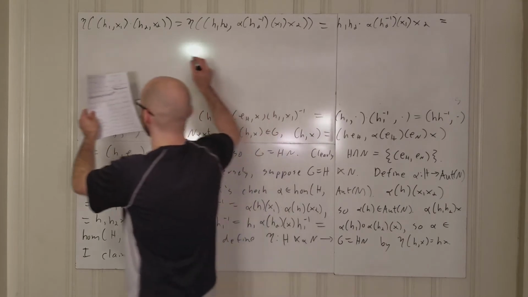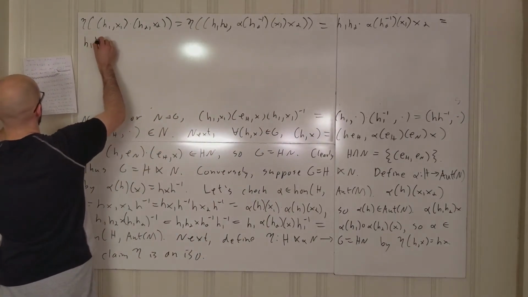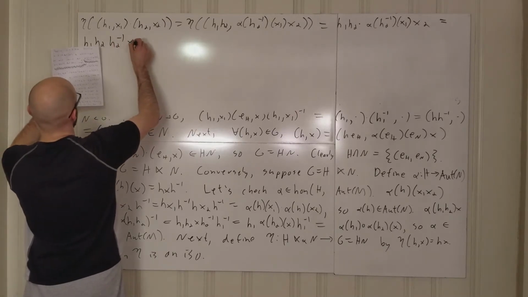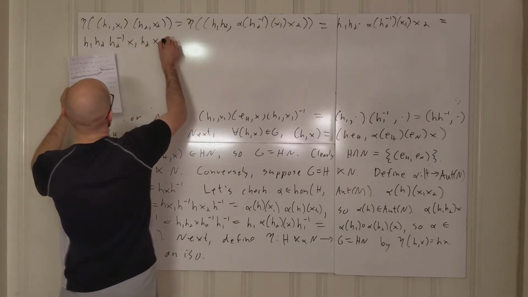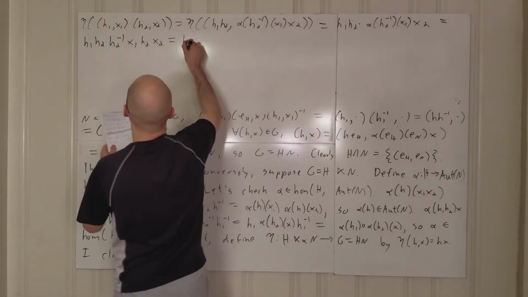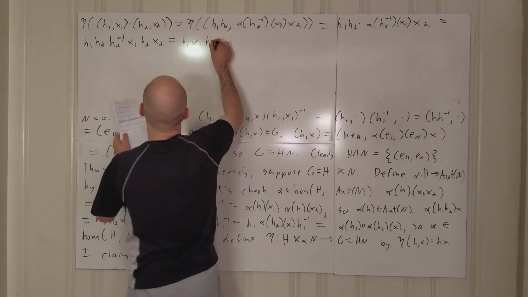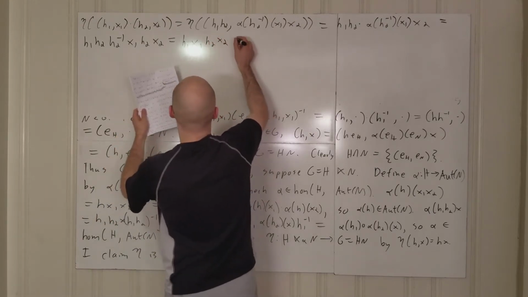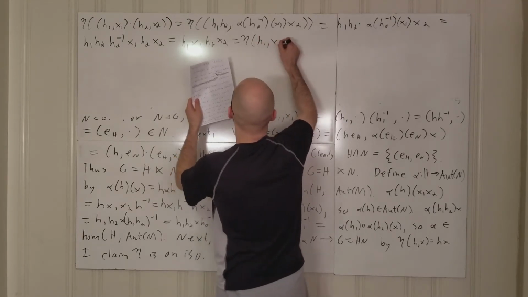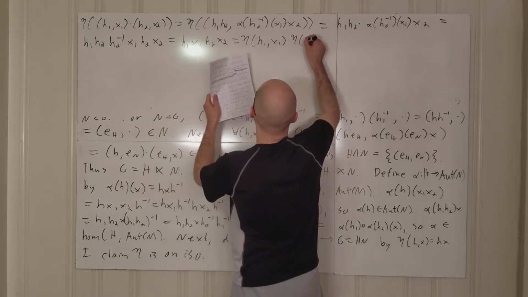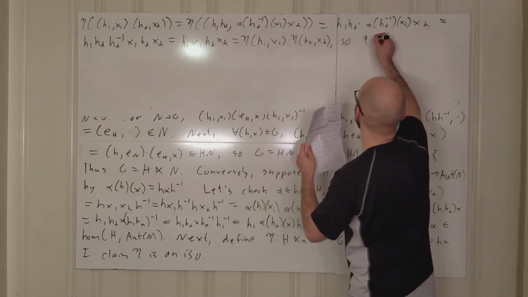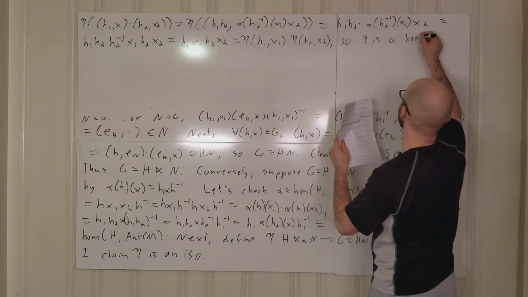But now, because we know what alpha is, it's conjugation. So alpha h2 inverse of x1, then x2, and then the h2's cancel. So this is h1 x1 h2 x2, which is just eta of (h1, x1) times eta of (h2, x2). So eta is a homomorphism.